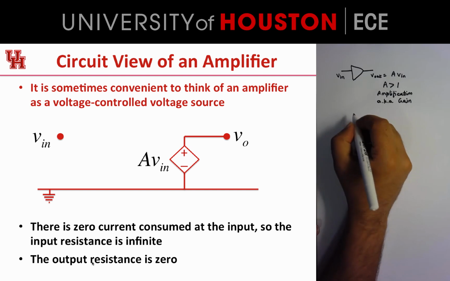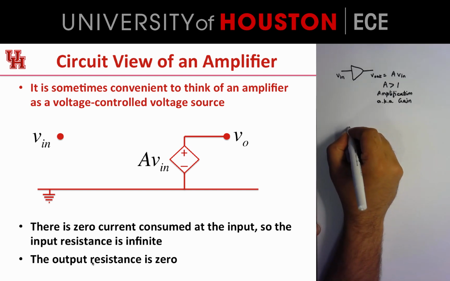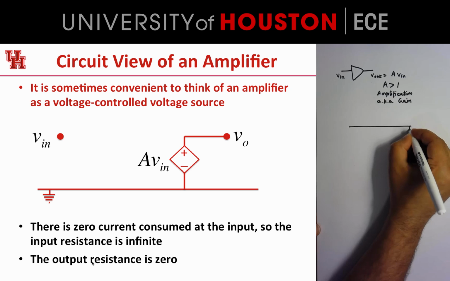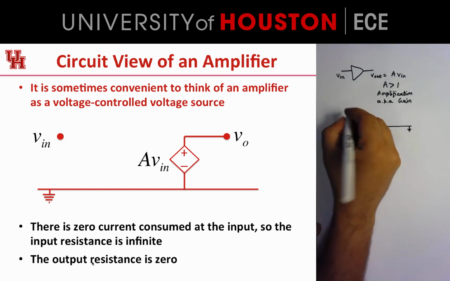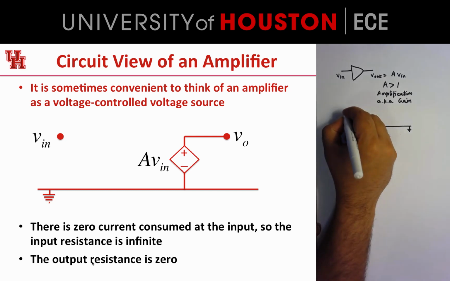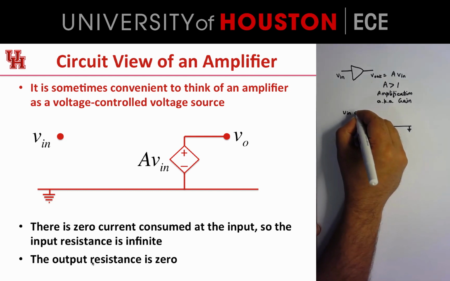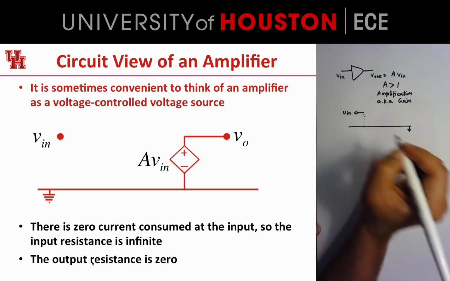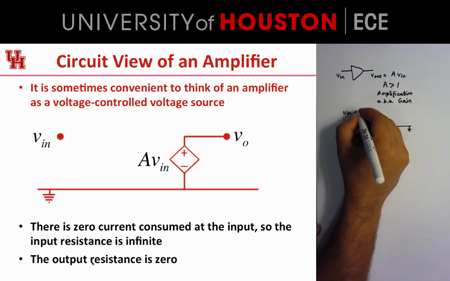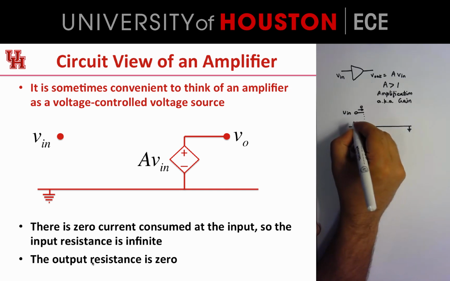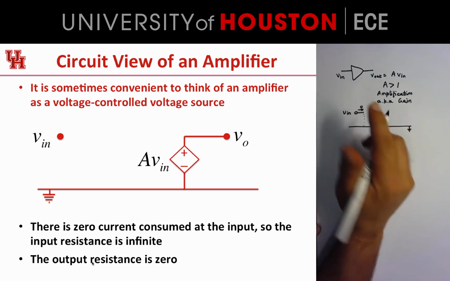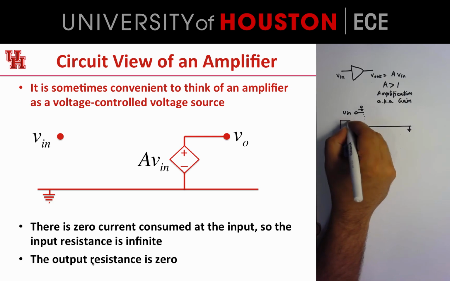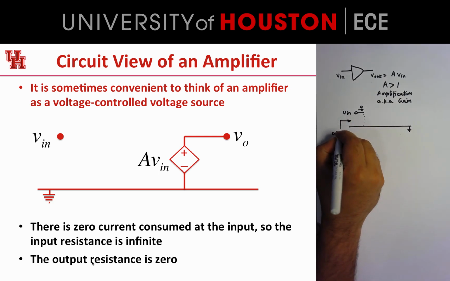Now from a circuit perspective, the amplifier looks like this. If all voltages are specified relative to a ground signal, then the input signal V in looks like an open circuit. In other words, there is no current going in. The amplifier simply senses the voltage at the input, and if you peeked in, it would look like an open circuit.